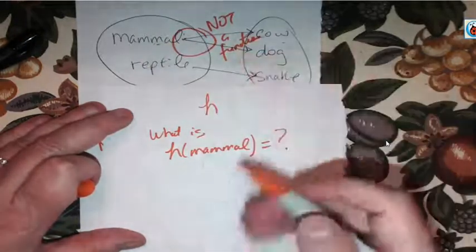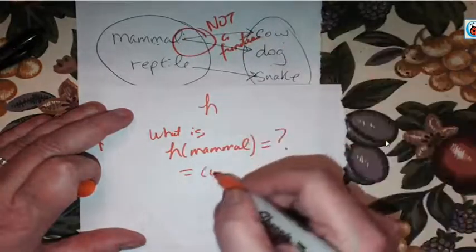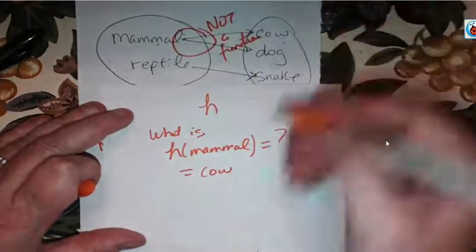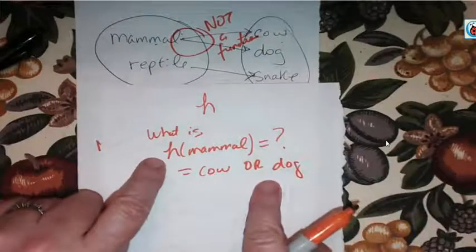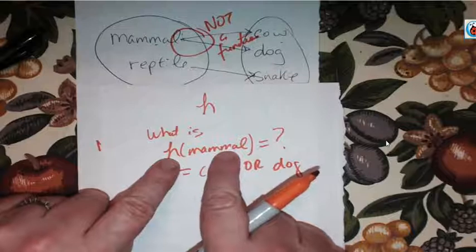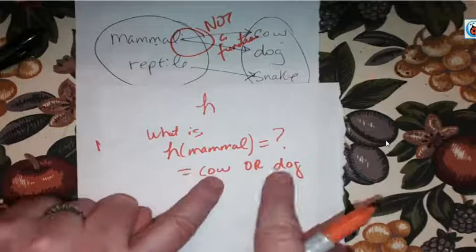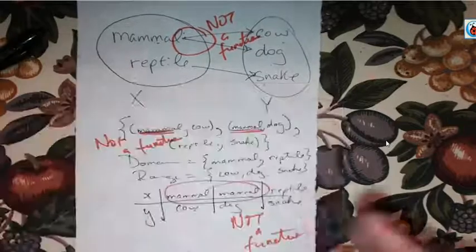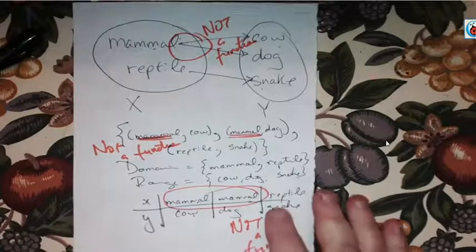Well, I could see that H of mammal is equal to cow, but it can also be equal to dog. And we can't have that. We can only have one value for something in the domain, and here it has two possibilities. So this was not a function, so we couldn't write it that way.